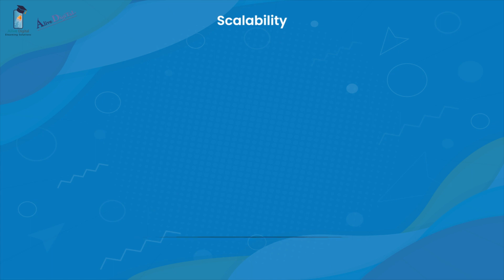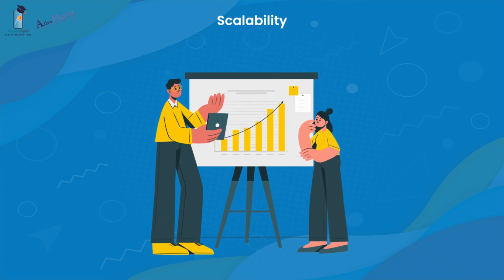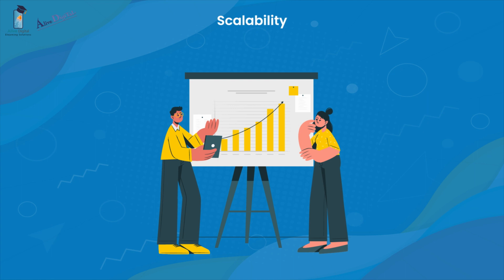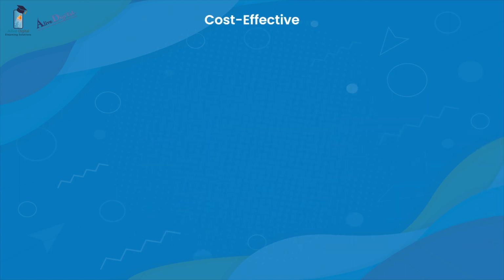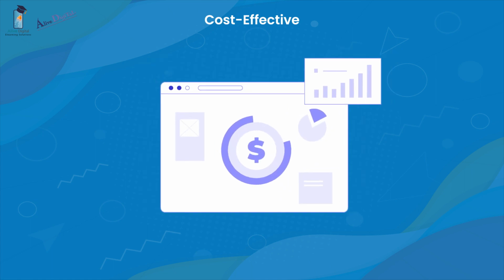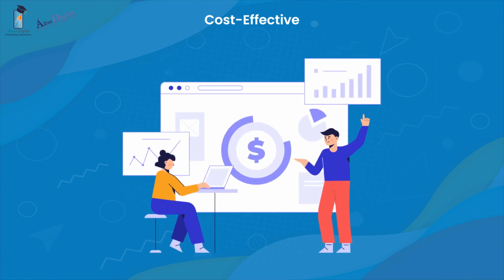Scalability. WordPress is suitable for small personal blogs as well as large websites. You can scale your site as your needs evolve, making it a versatile choice. Cost effective. WordPress itself is free and open source software.